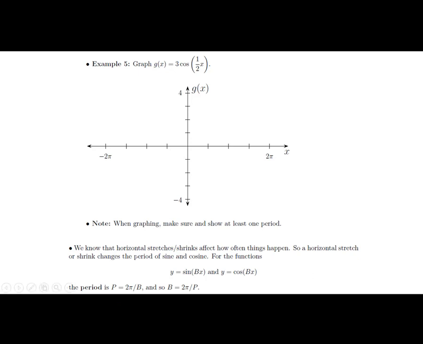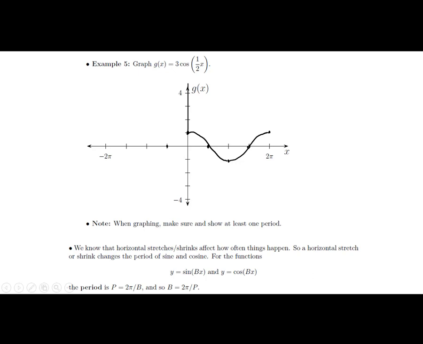And once again, let me go ahead and just give a quick sketch of our cosine function without any transformations applied. And yeah, I'm just going to go ahead and do that. Okay, just do one period of it like I did in the previous problem.